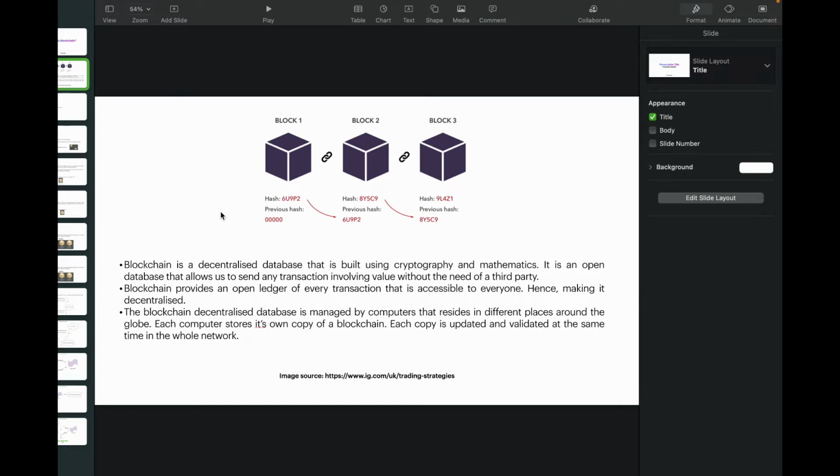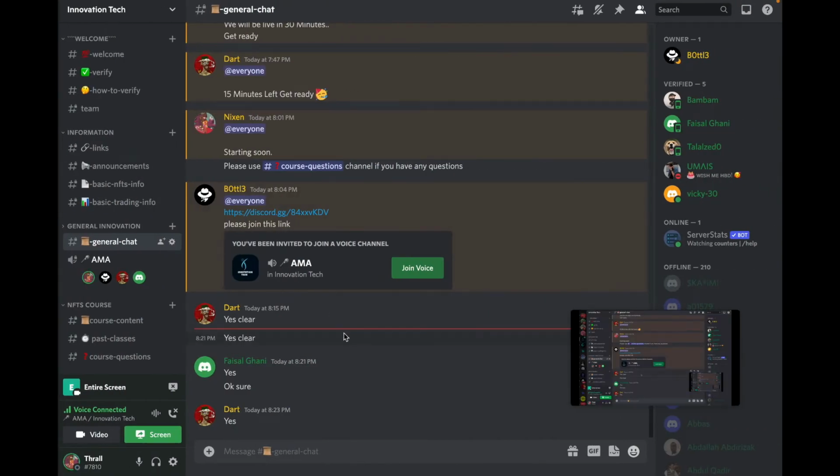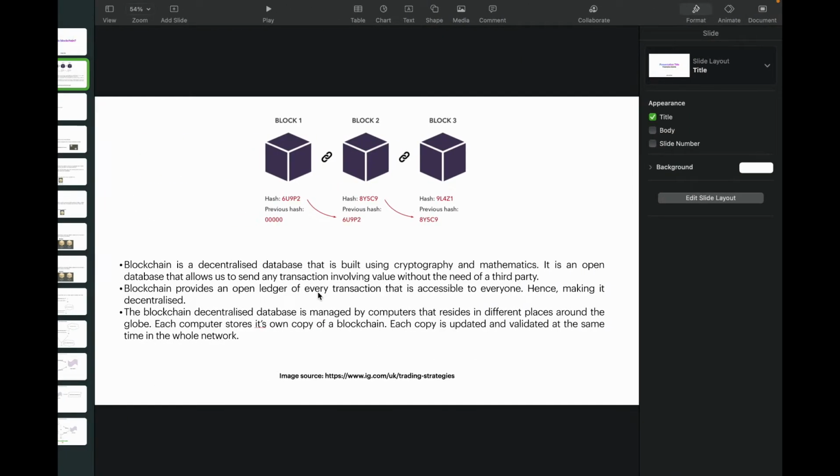But when it comes to trading, money transfer, or transferring any valuable asset, you have to rely on something, for example banks. You have to rely on some third party, and that third party can really wreck you.